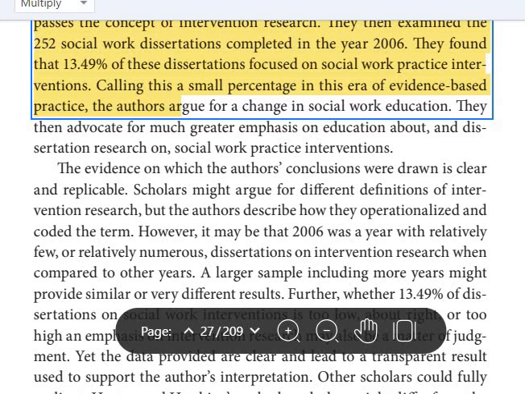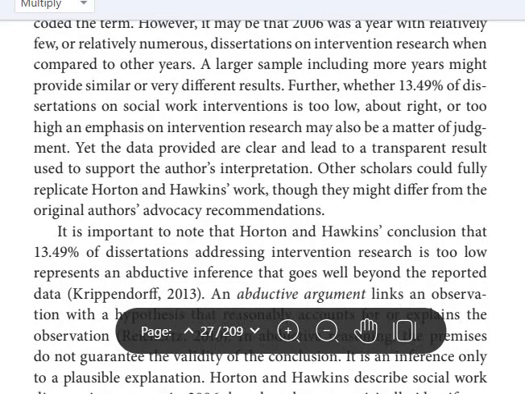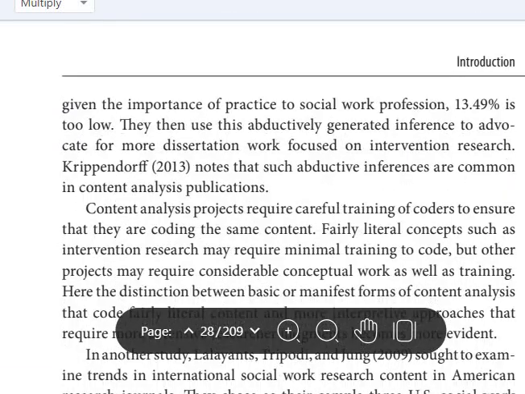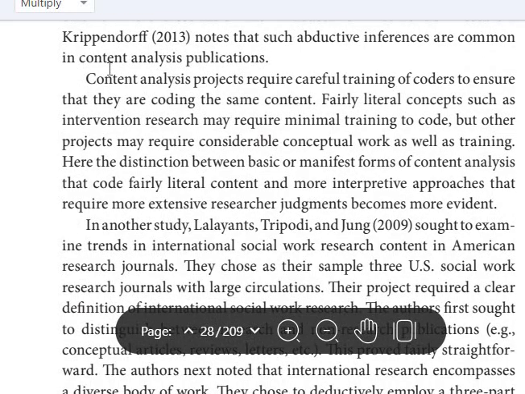Now, we should understand in this section that content analysis projects require careful training of coders.